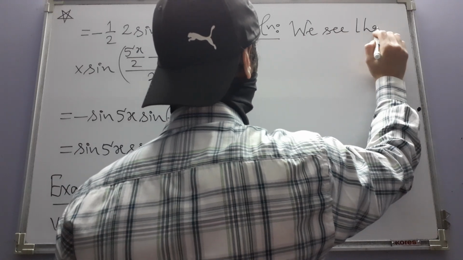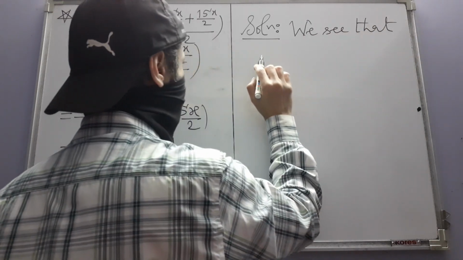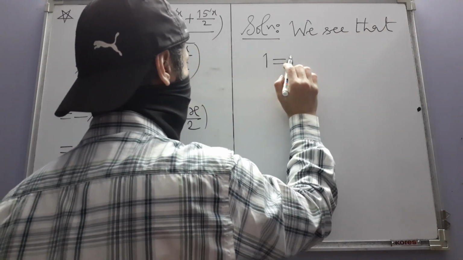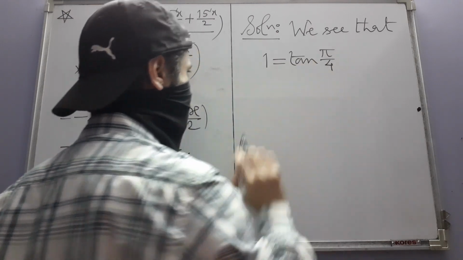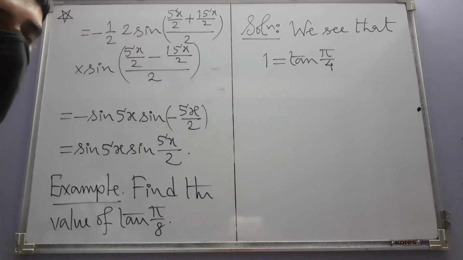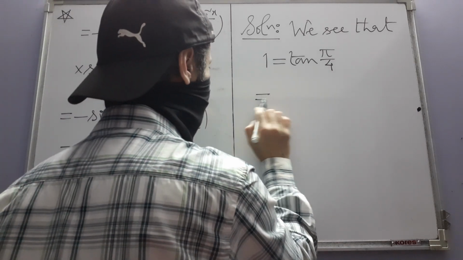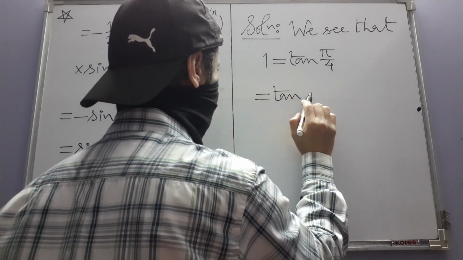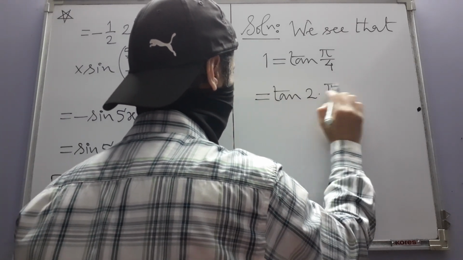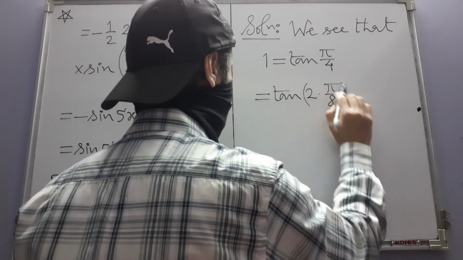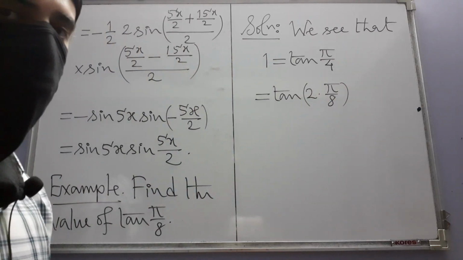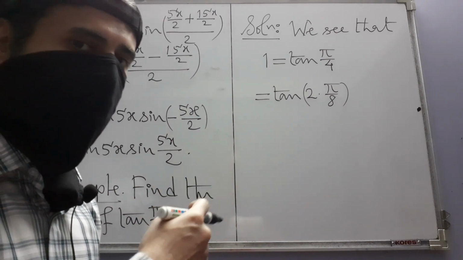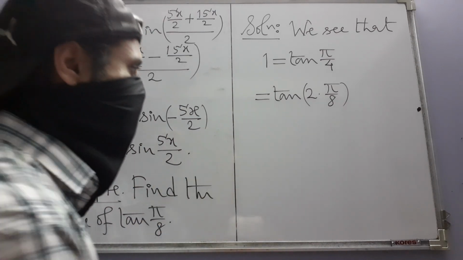We see that 1 is tan pi divided by 4. We already know this. But pi over 4 can be written as 2 times pi over 8. So this is where we use the tan 2 theta formula, which is 2 tan theta divided by 1 minus tan square theta.